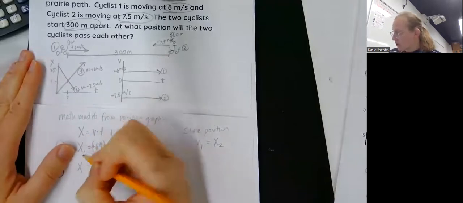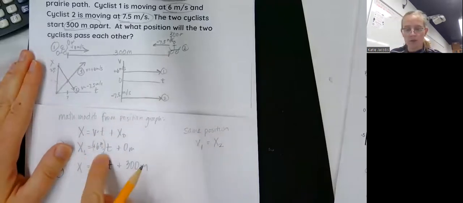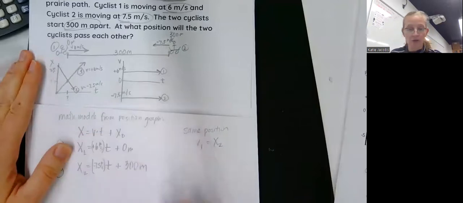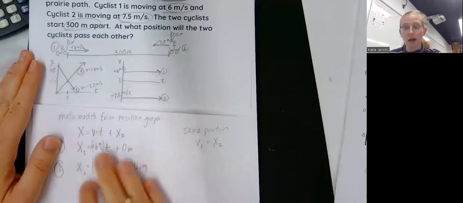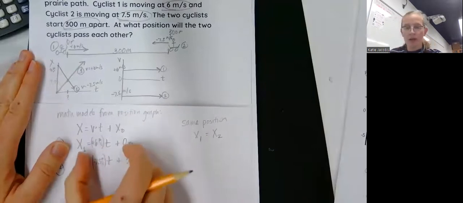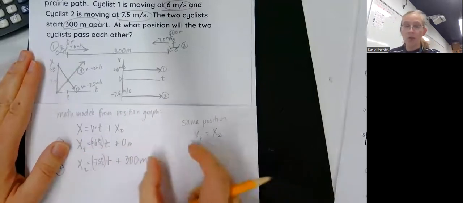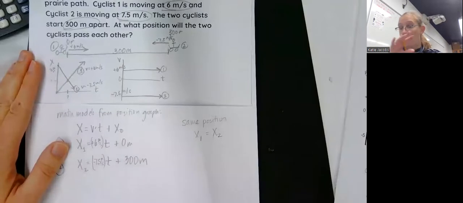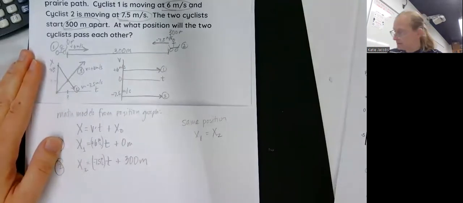I know that position 1 is equal to this equation, and position of object 2 is equal to this equation. This is why I wrote out these math models, because now I can set them equal to each other, and then I will have one equation that only has time as the unknown variable.